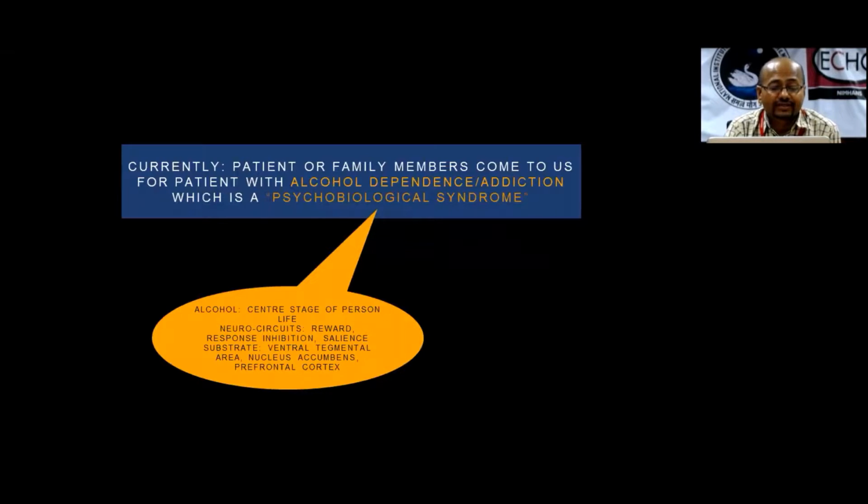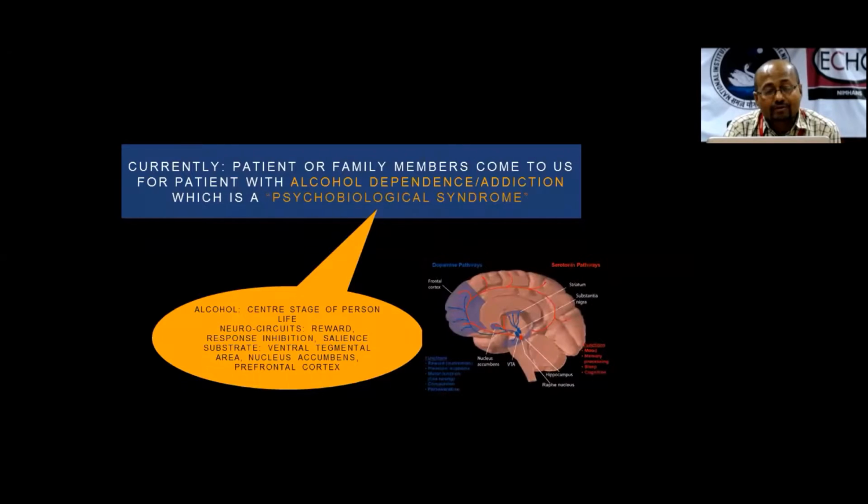The neural circuits for reward, response inhibition and salience are the major circuits which are completely hijacked and reformed. The brain areas, as you can see on the right side, are the ventral tegmental area, nucleus accumbens and prefrontal cortex. All these brain areas are completely reformed or hijacked by the drugs. So when you see a person addicted, he has already gone through very serious changes, and you don't know how much you can do in that case.